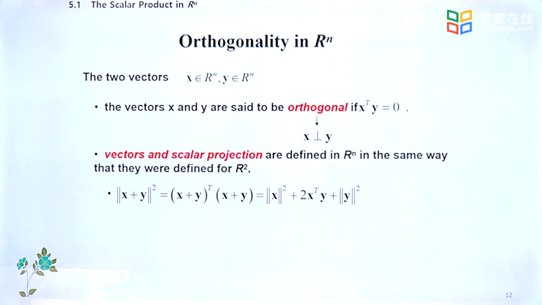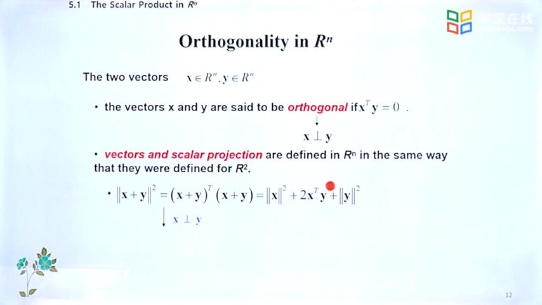So it equals length of x squared plus 2 times x transpose y plus length of y squared. If x and y are orthogonal, then we know this scalar product equals 0. So the length of x plus y squared equals length of x squared plus length of y squared.